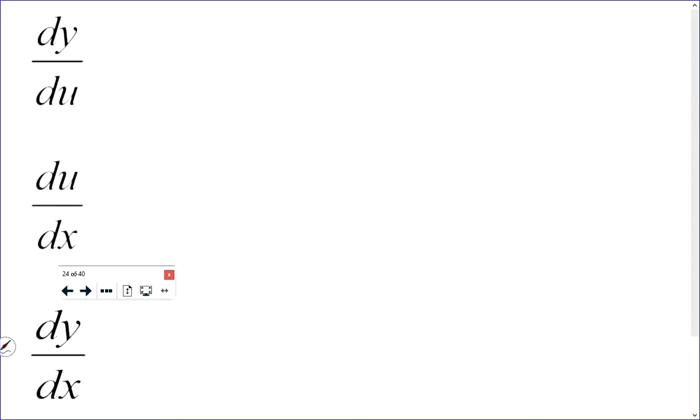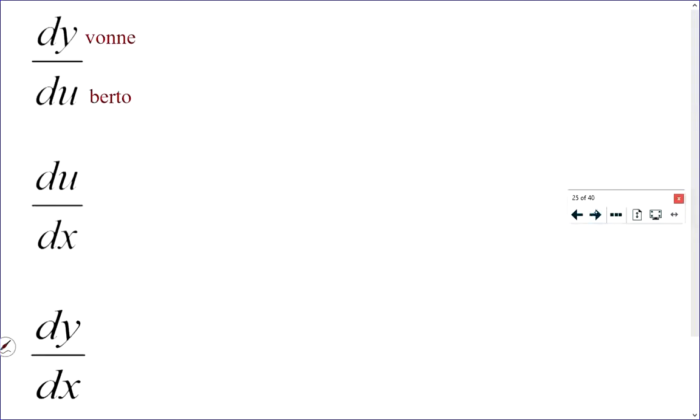Okay. So I want to talk about rates of change here in terms of multiplying derivatives. If we look at dy du, and let's just say that y is Yvonne and u is Uberto, people. And I'll get to why I'm using people in a second, okay? And du dx, u is Umberto and x is Xavier, okay?